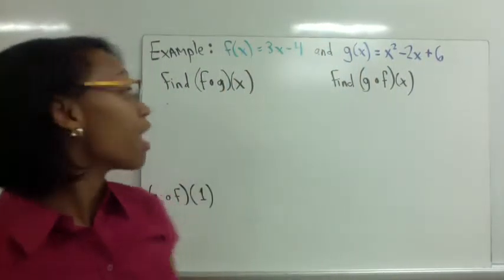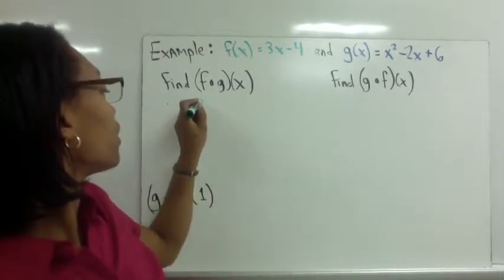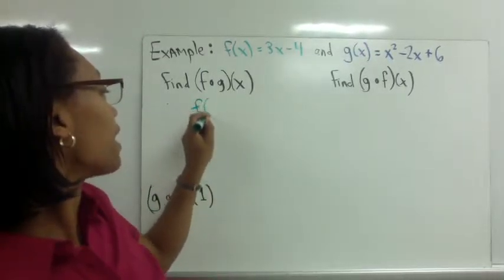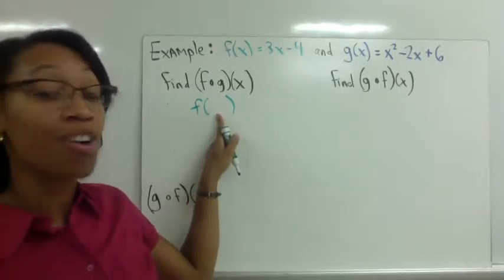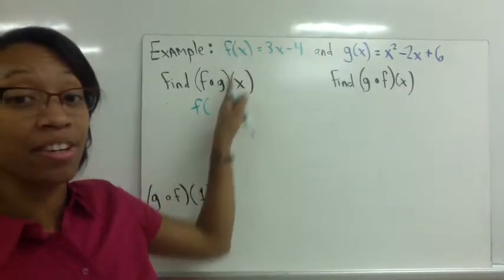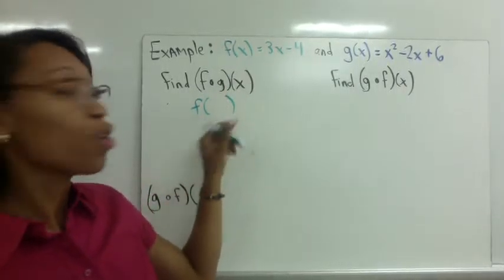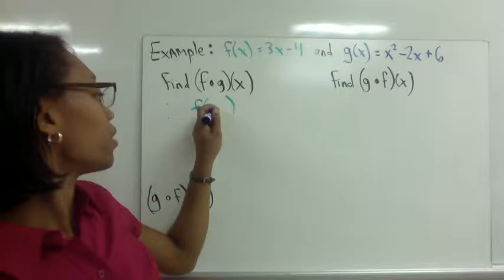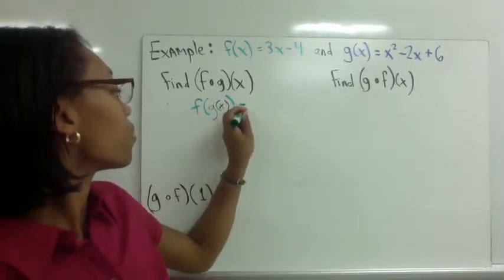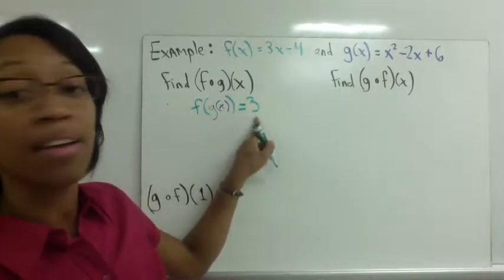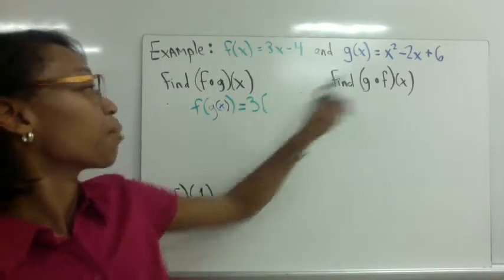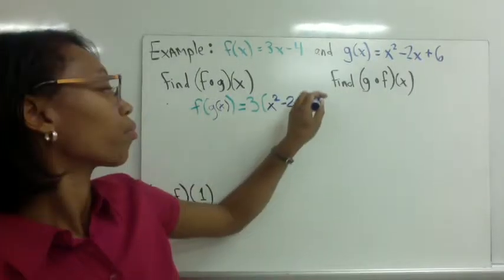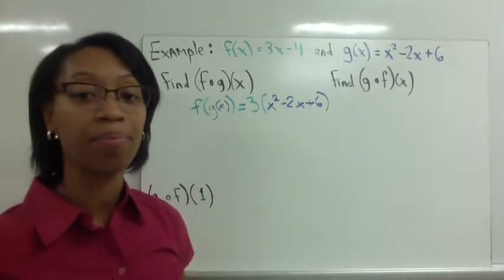So we're going to take our f function, and inside the f of x, we're going to replace all of these x's in here with what we have here for g of x. G of x is going to go inside. This equals 3, and then I have times x, but instead of times x, I'm going to put this whole thing right inside there like that.